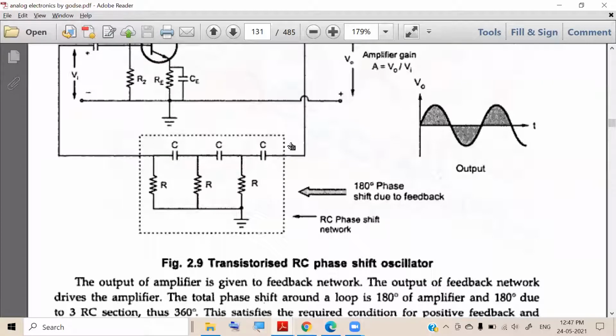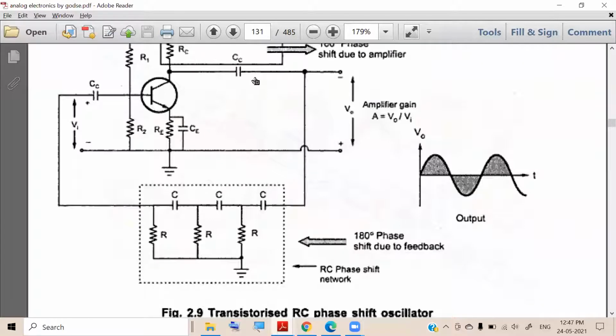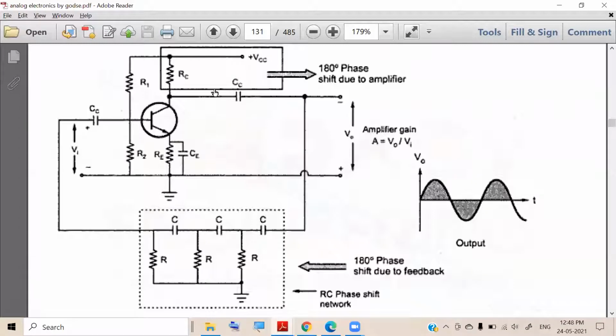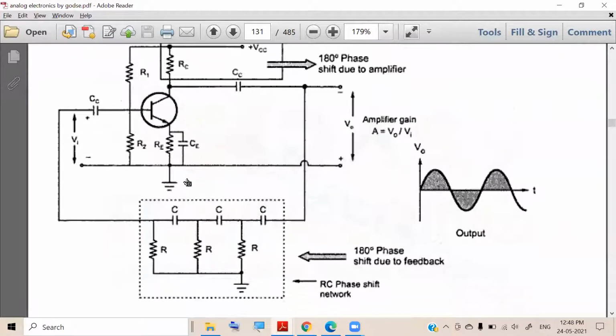The output of the amplifier block is connected as input to the feedback network, and the output of the feedback network drives the amplifier. So for the feedback block, this is the input and this is the output.